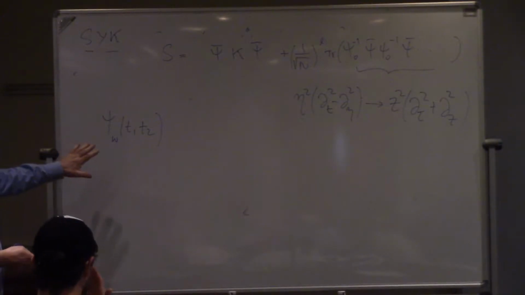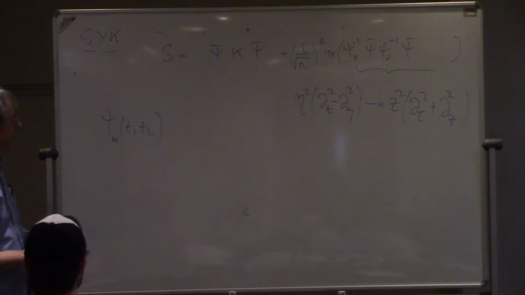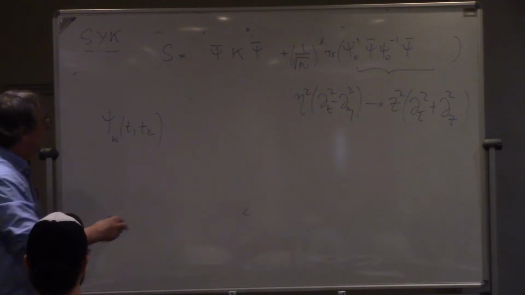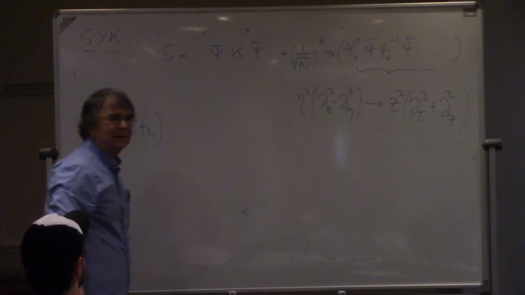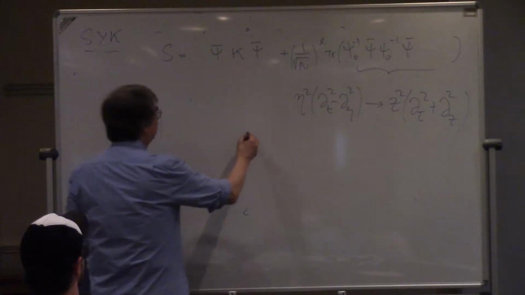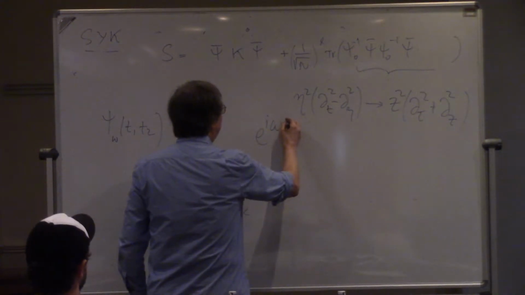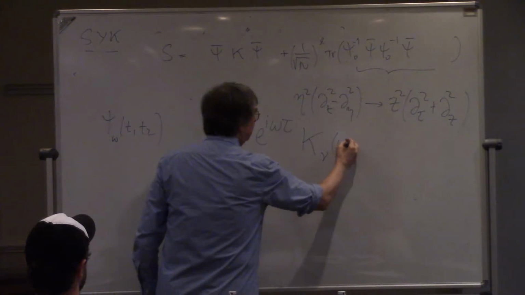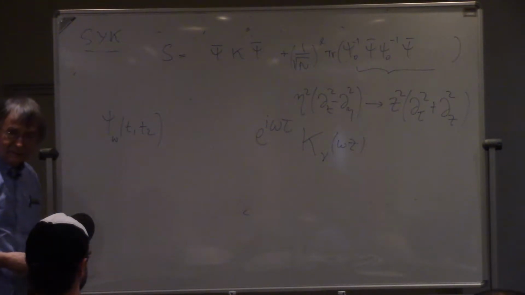Those are the wave functions of this bilocal, which appear as conformal partial waves, and are part of that story of the correlator. And the wave functions of a Euclidean AdS, everyone knows: it is e to the i omega tau, the Bessel function mu, omega z. Those are the wave functions of Euclidean AdS.